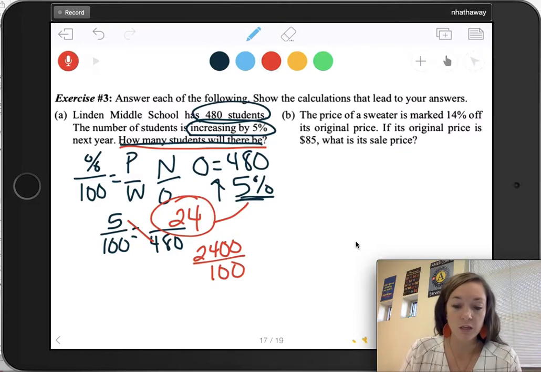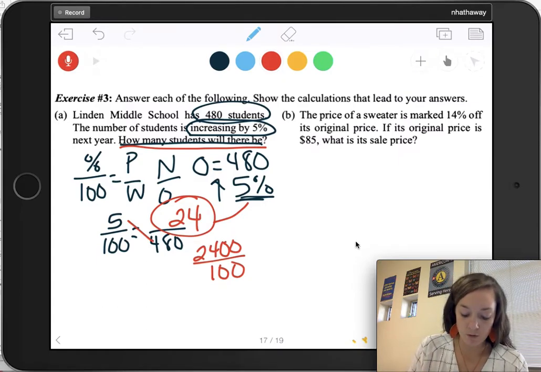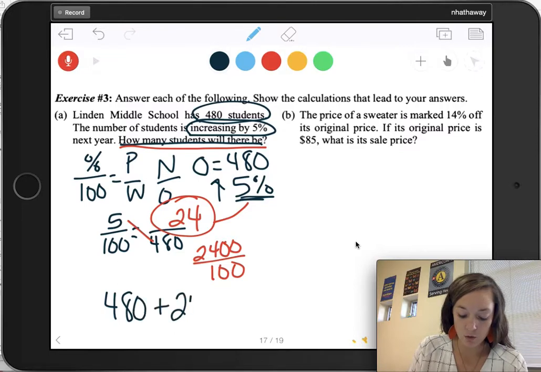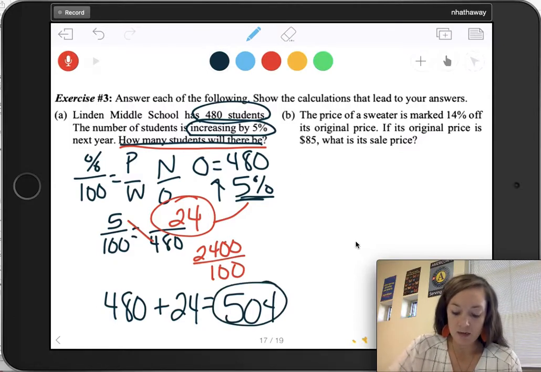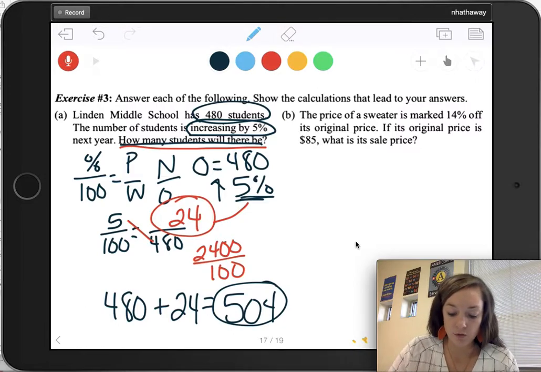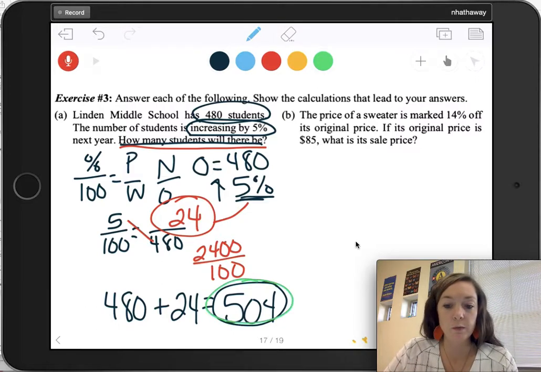So it's a 5% increase, but it's 24 actual students that it increases. Now we have to take it a step further. We do the original plus the 24 to get 504. So that now is our total. 504 is how many students we will have next year at Linden Middle School.